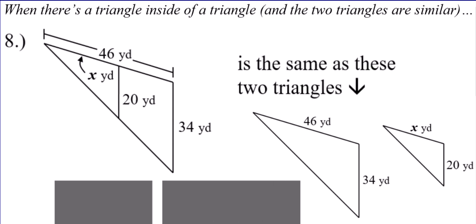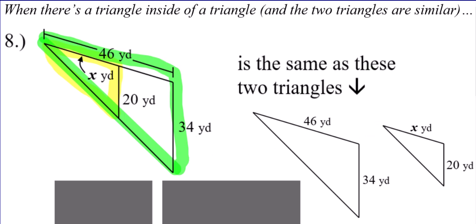So check this out. We have this small little triangle inside, and there are two measurements given to us: the x for this top part of the side, and the 20, which is this right side. That is inside of the much larger triangle that has the sides that you see marked here, 46 and 34.